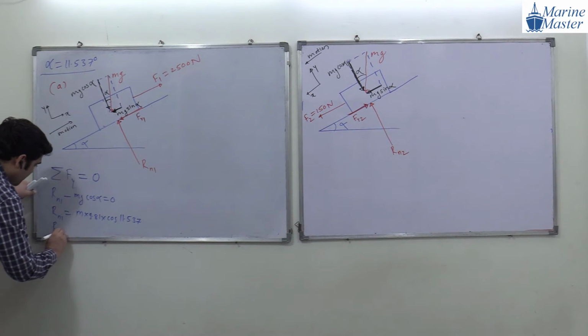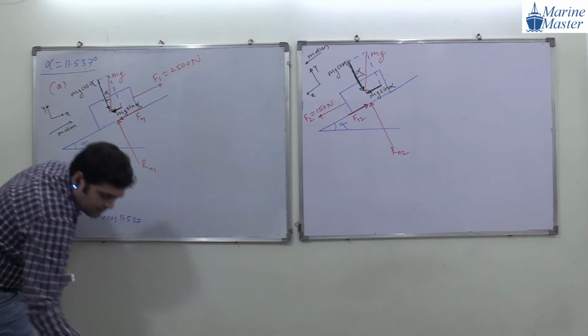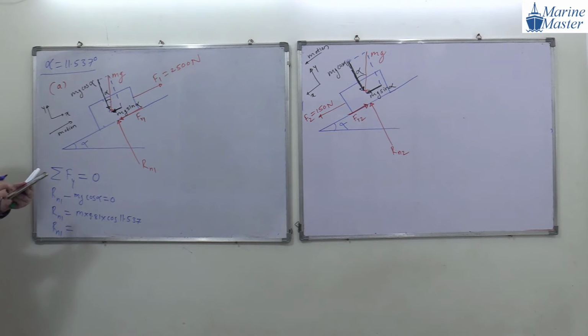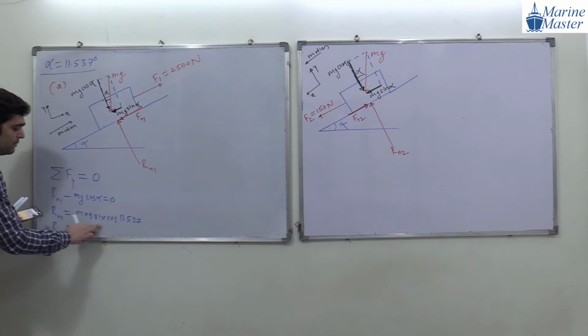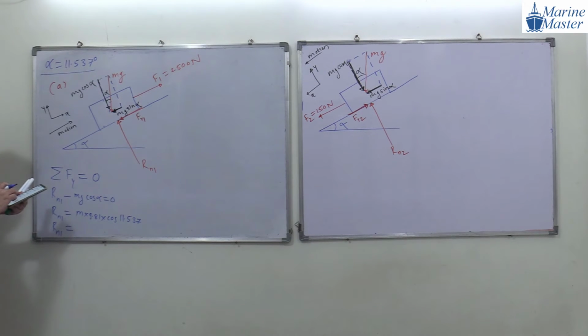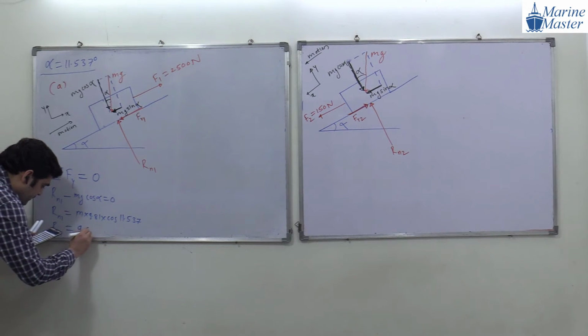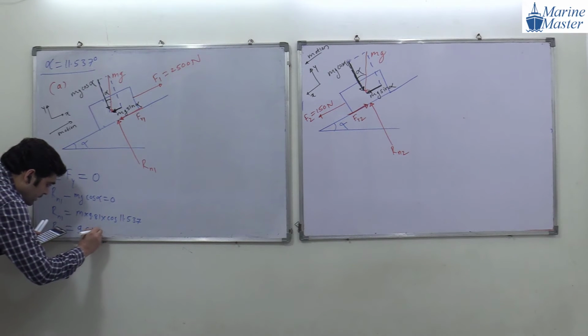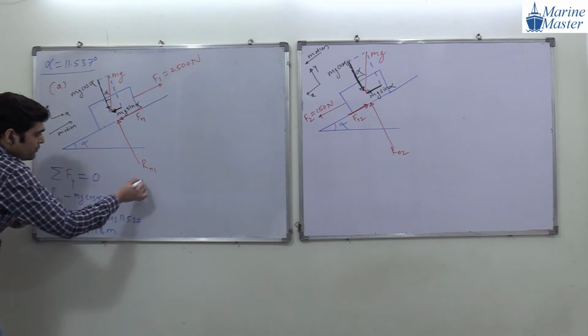So what will be the value of Rn1? We will get it in terms of m. 9.81 multiplied by cos of 11.537, how much? 9.6118 m. Okay, so we got Rn1.